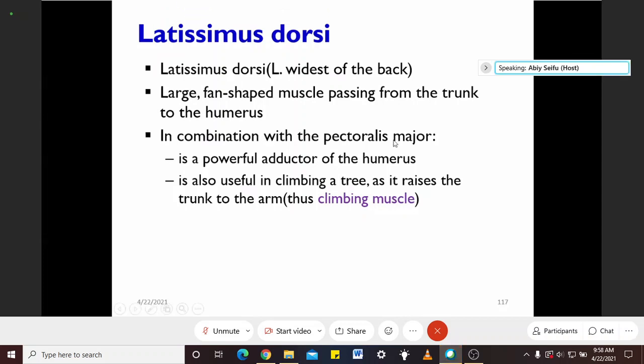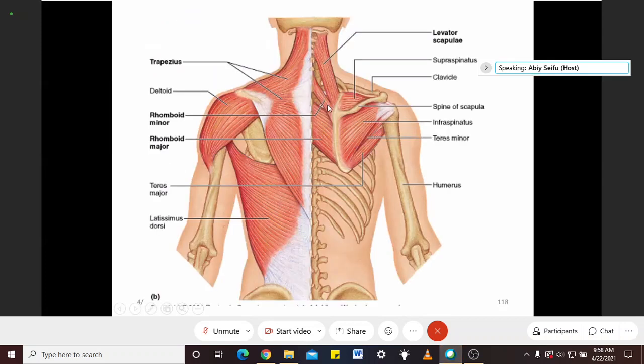It acts with the pectoralis major as a powerful adductor of the humerus, and it is commonly called the climbing muscle, because when you are climbing a tree, it raises the trunk to the arm.